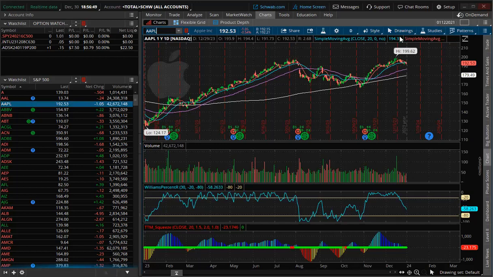Now, out of all these things on this blue line, I have only used the drawings, the time of day, the star for customizing the appearance of the chart, and the flask for adding these indicators.